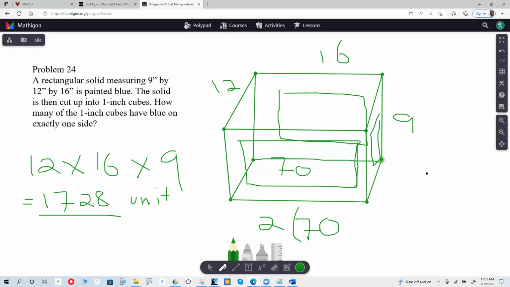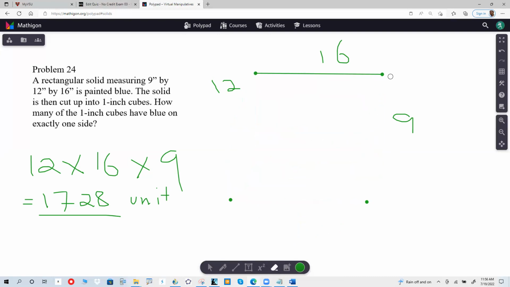If you carefully count, you're going to get 7 times 10, 70. Well, let me redo it. Okay. Let me redo it.